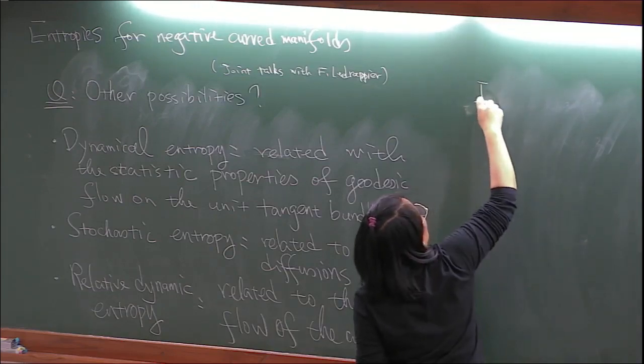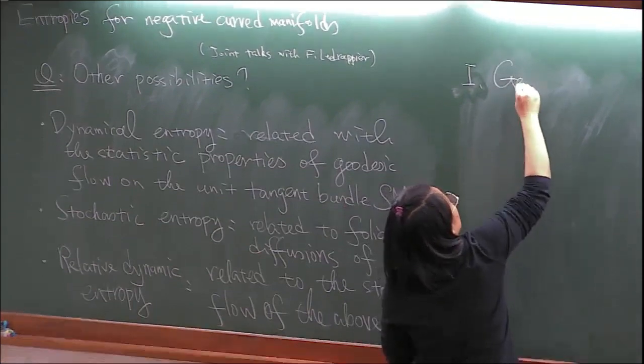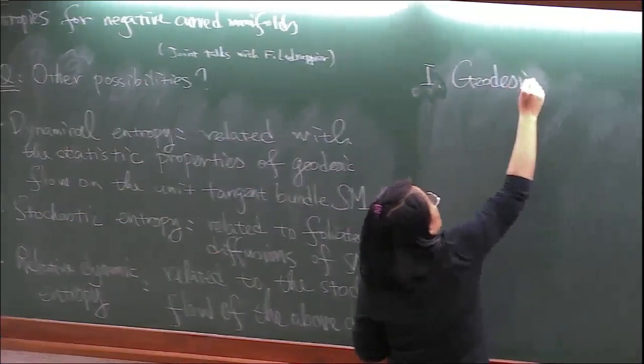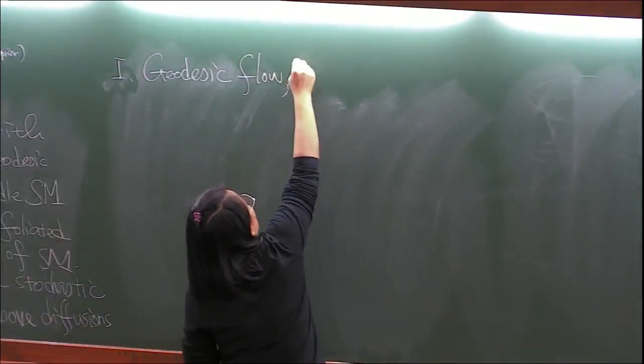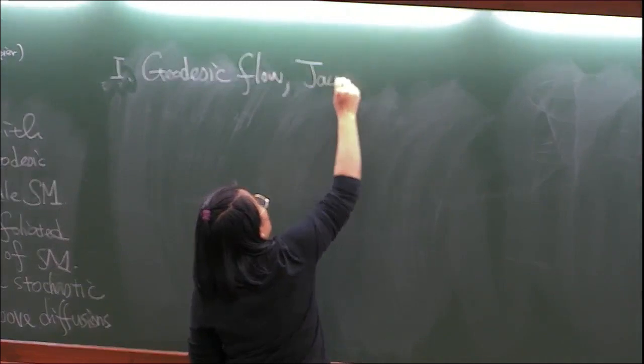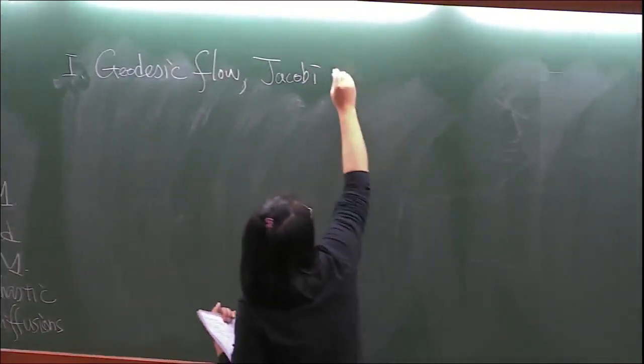So the first part is on geodesic flow, and we will try to understand this flow using the Jacobi field.